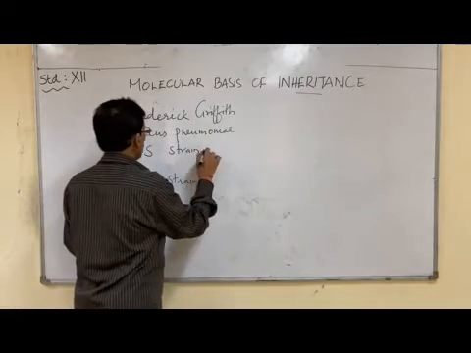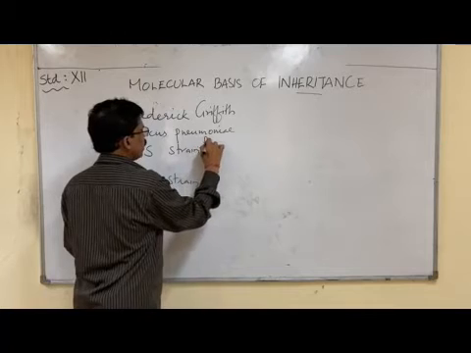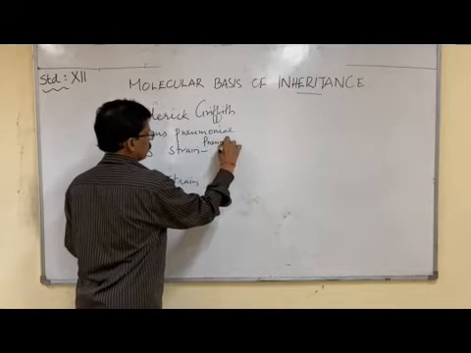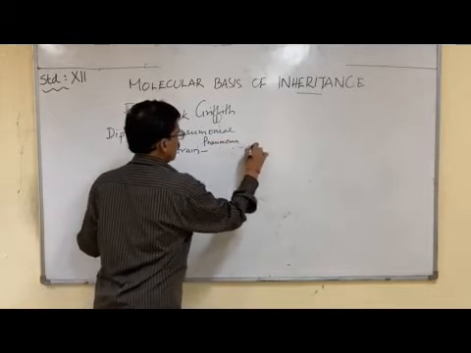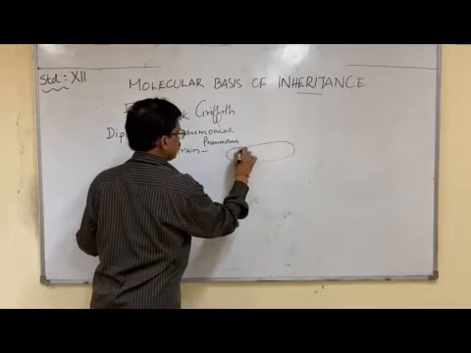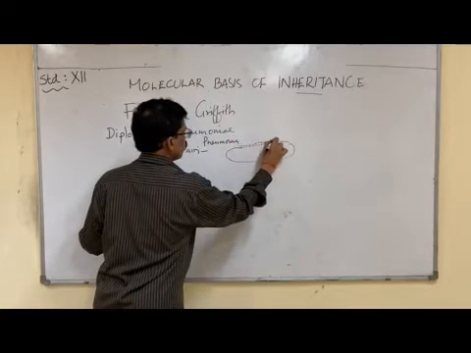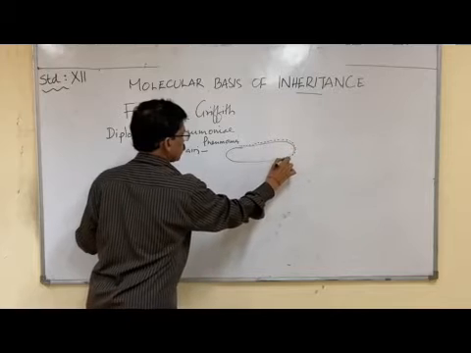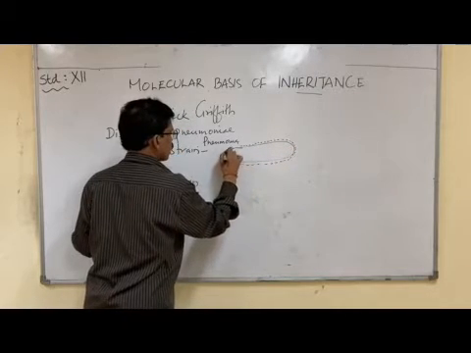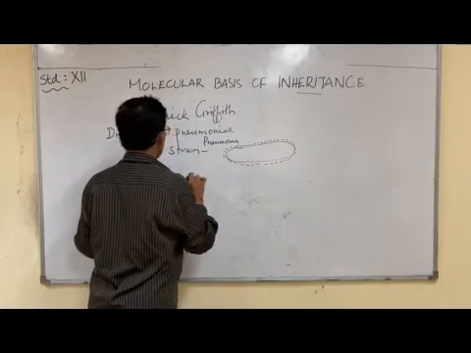S strain bacteria cause pneumonia in organisms, because the S strain has a very thin polysaccharide coat. So they have a smooth coat.